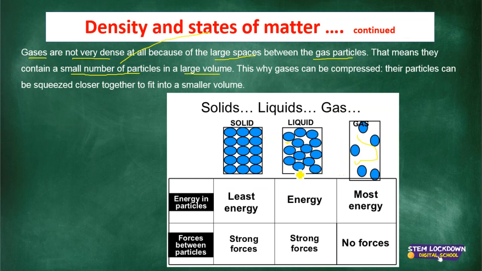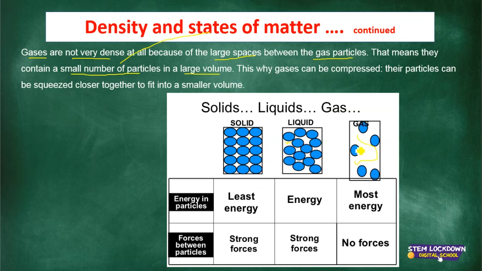So we say the liquid has energy, and the energy is between the least and the most. It has an average amount of energy, and it also has strong forces between the particles because the particles in the liquid are closer together than they are in a gas. Even though they are closer together, they are not as close as the particles in a solid.